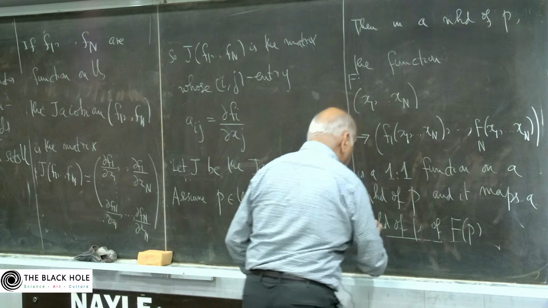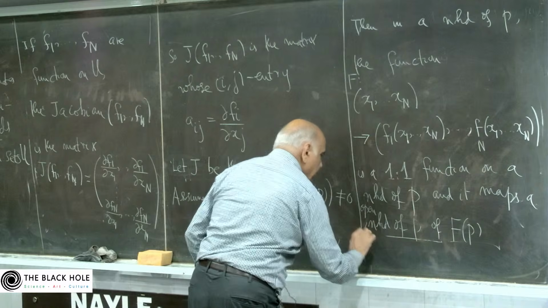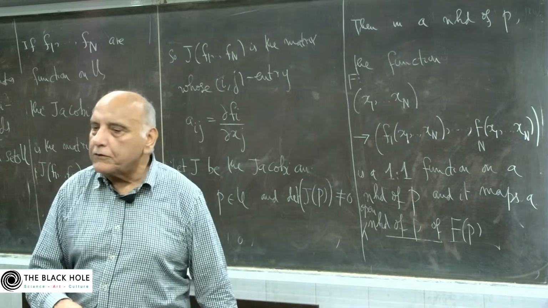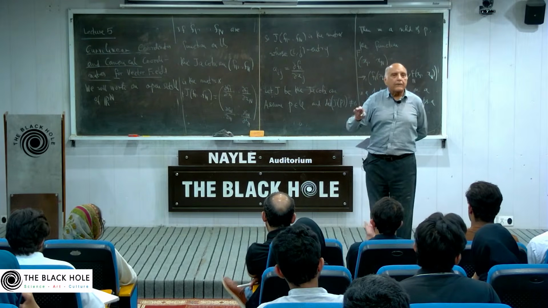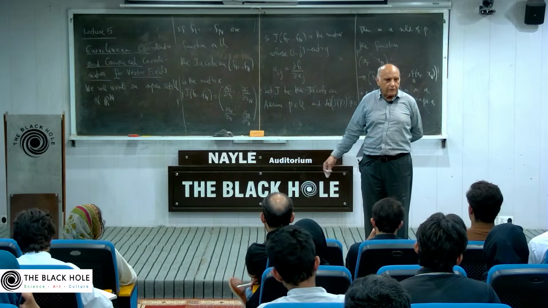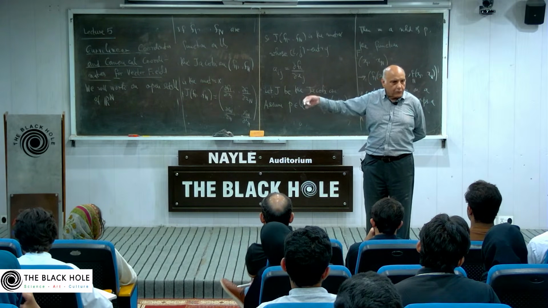So it maps it to an open neighborhood. Because it is one-to-one and onto, we call these functions curvilinear coordinates or generalized coordinates in your open set U.